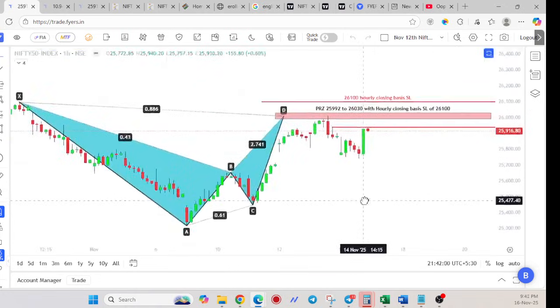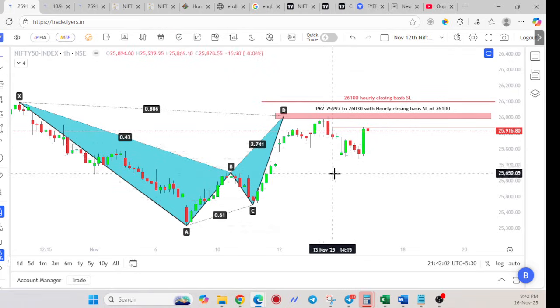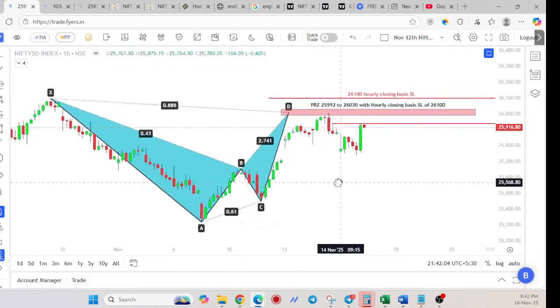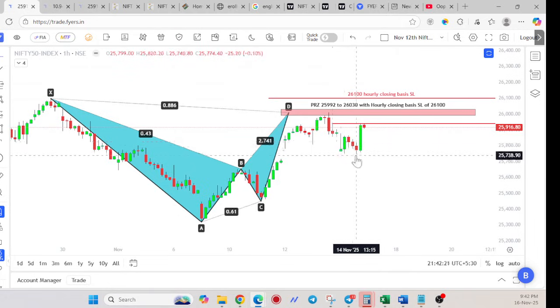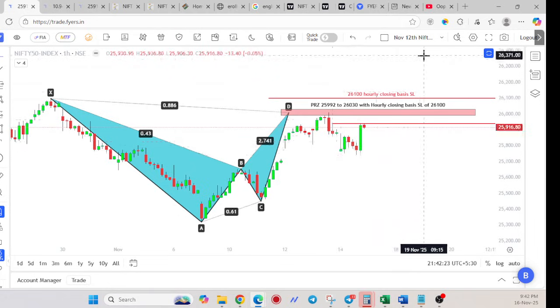Now this is the fall that we got. This is a harmonic pattern and we got a fall from this level. 25,992 to 26,730 was the potential reversal zone. What happened is it went and touched that and fell to 25,740.